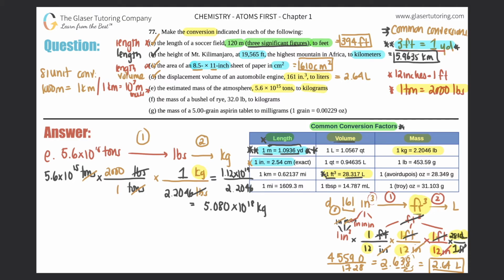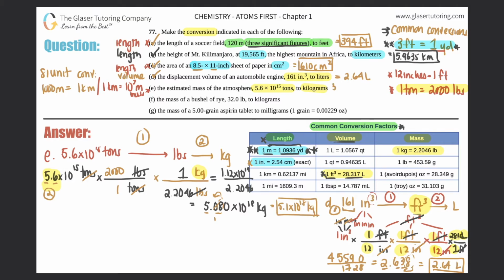Now we just need correct sig figs. There was 2 sig figs here, right? The 5 and the 6, so that's 2. So the 5 and the 0, but the 8 will tell me that the 0 turns into a 1. So this would be 5.1 times 10 to the 18th kilograms.